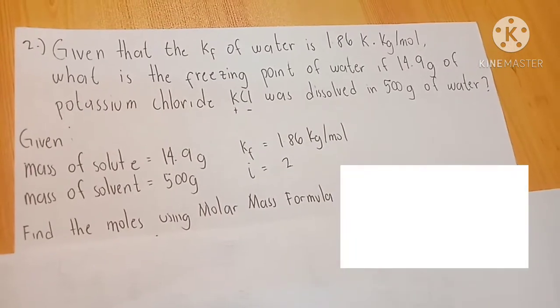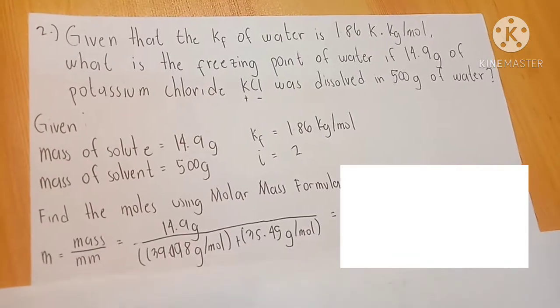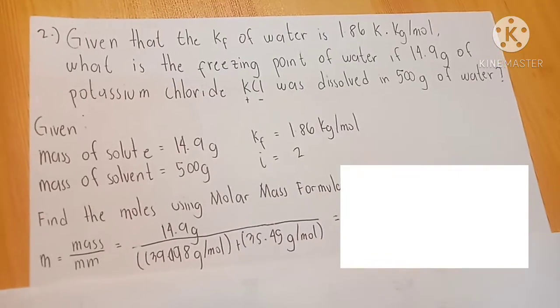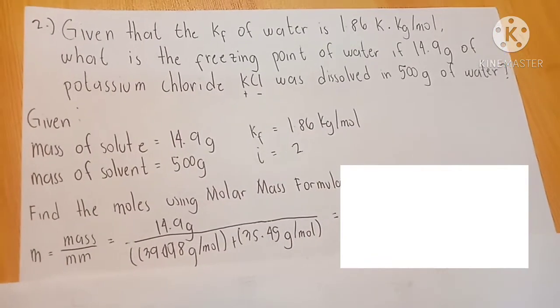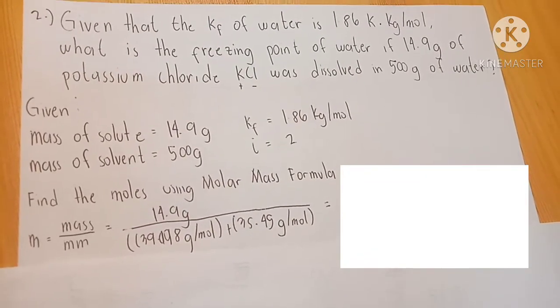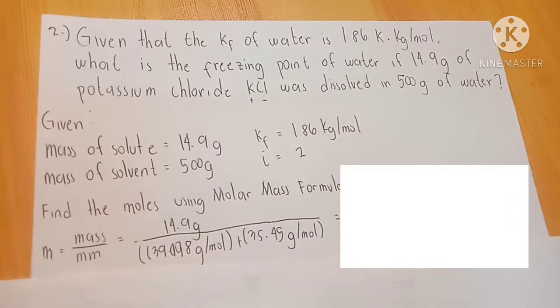In order to find the molality, we need to find the moles using the molar mass formula. So moles is equal to mass all over molar mass is equal to 14.9 grams. In order to find the molar mass, we need to add the atomic weights of the two atoms, which is the potassium and chlorine.